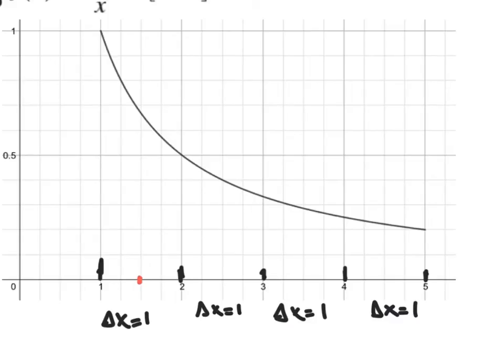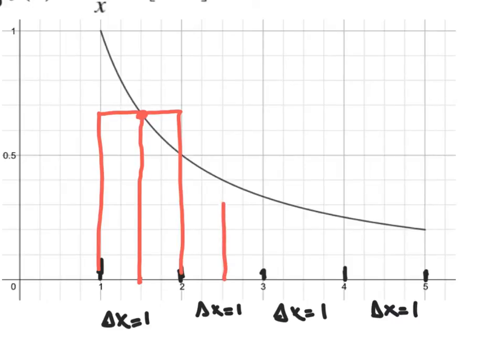So what I do is I draw a line up until I reach my function, and then I put a point, and then I draw a rectangle, go to the left and to the right, and make a rectangle like this, okay? Same thing here. I go to 2.5. That's my midpoint between 2 and 3. I go up to my function, and I draw a line over and then down.